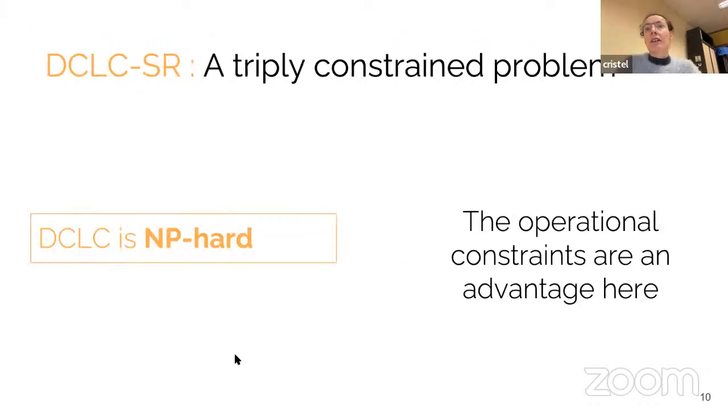So DCLC is NP hard, and additionally we have some constraints on the segments, but we will take advantage of these constraints.